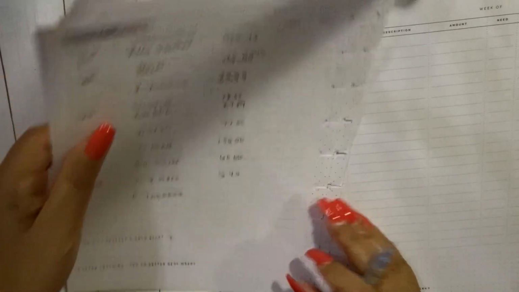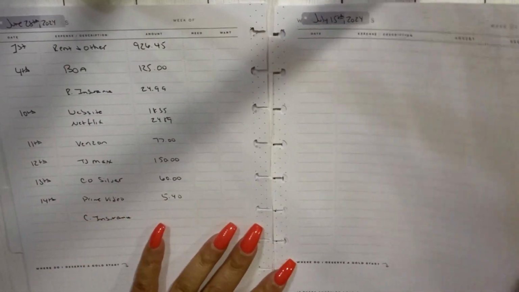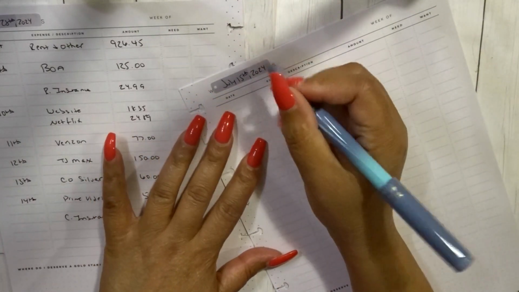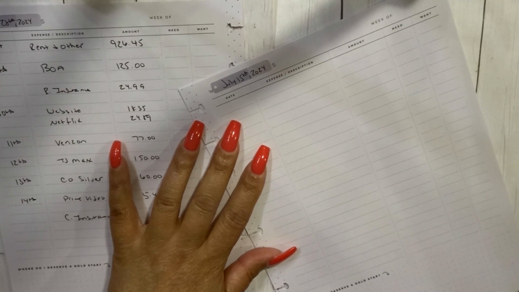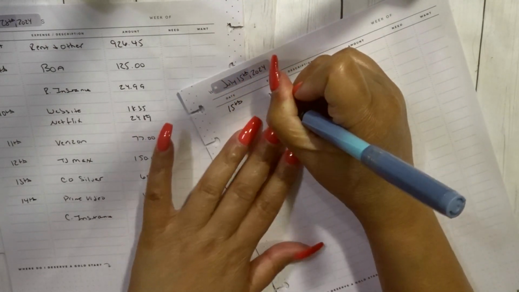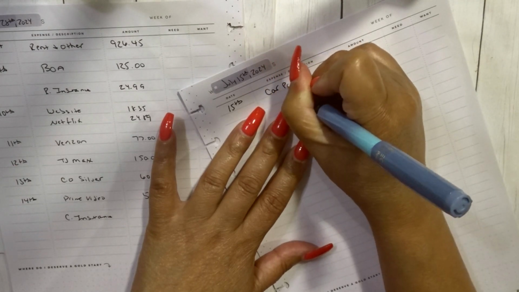And then we might as well go ahead and add the second half up as well. So let's just do that. Okay, so the 15th, I have my car payment.